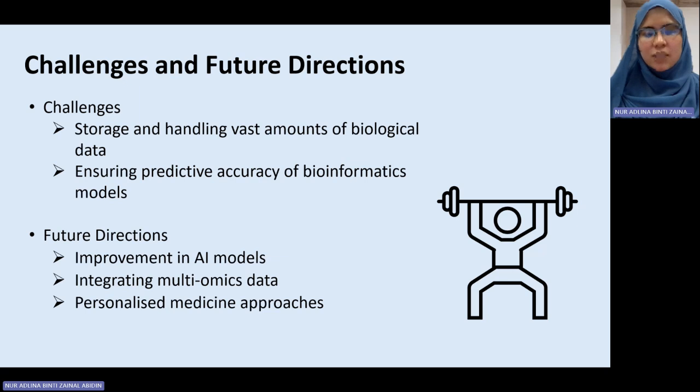Hence, integration of multiomics data in bioinformatics has never been more crucial in helping researchers enhance their understanding of structural and genetic variations, including epigenetics, which will no doubt have a positive impact in the drug discovery field, as this will help realize the future of medicine in creating personalized medicine approaches.